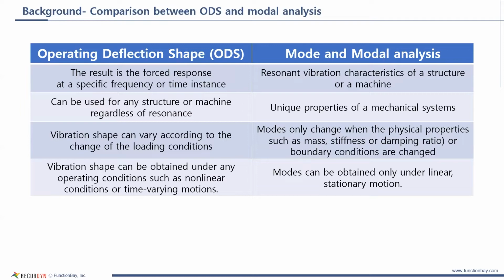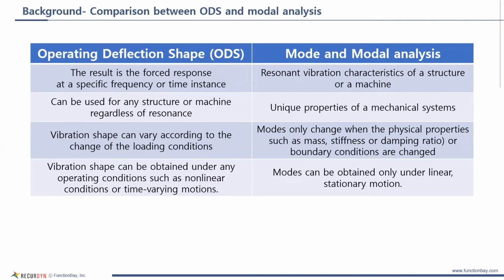The ODS can be used for any structure or machine, regardless of what kind of resonance conditions may exist. And the modal analysis will show unique properties of that mechanical system itself.